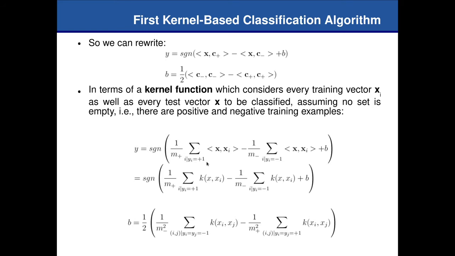Take a look here, only the positive elements, varying i, which is an index to vary the elements or the examples I have in my training set. And X is basically the position vector, the new position vector I'm classifying. And here, the negative is the same as computing the average for every negative element, computing the inner product over here.